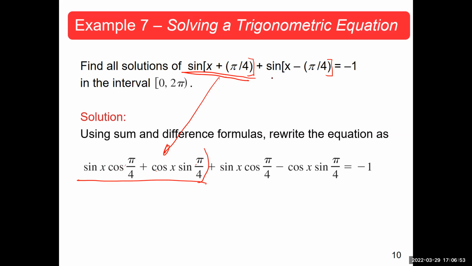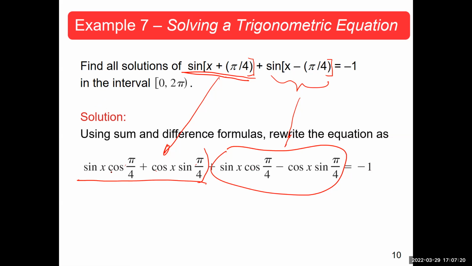Then this part here says sine x cosine pi over 4. But see here, when positive, we got positive. When negative, we got negative. Almost the same formula. That equals negative 1.